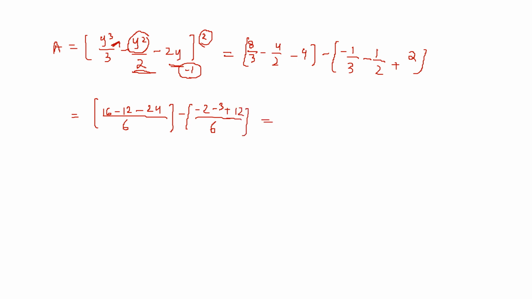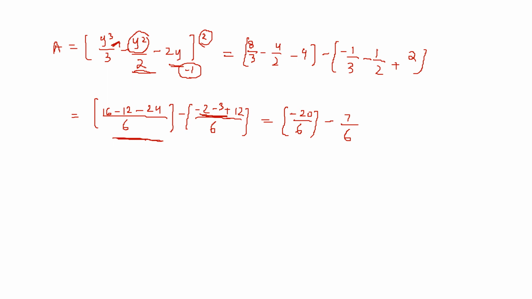This is the first value. 16 minus 12 minus 24 gives me 16 minus 12 is 4, 4 minus 24 is minus 20 divided by 6. In the second term, I have minus 2 minus 3 plus 12. 12 minus 5 gives me 7, and this is divided by 6.